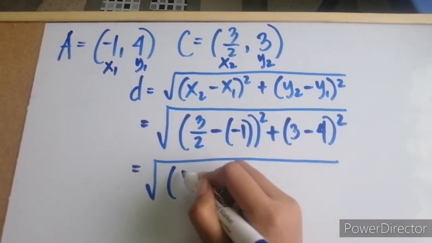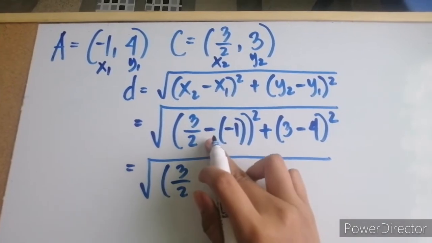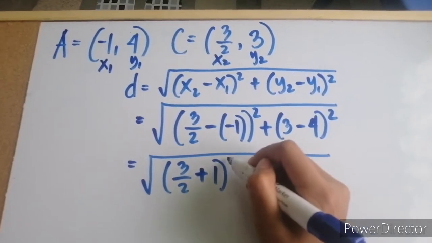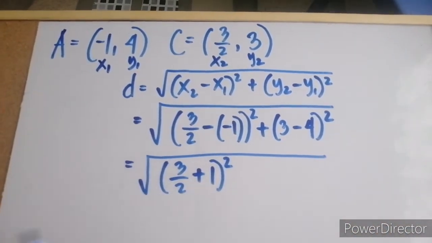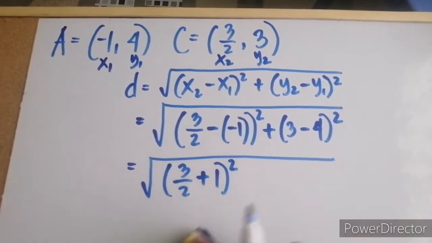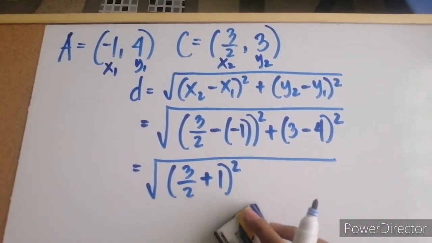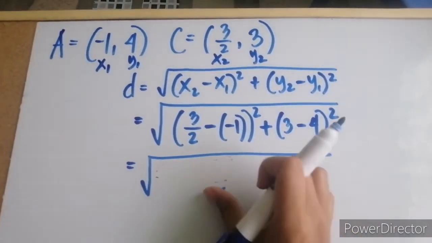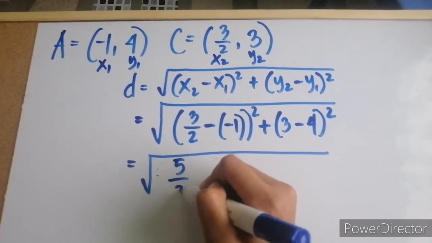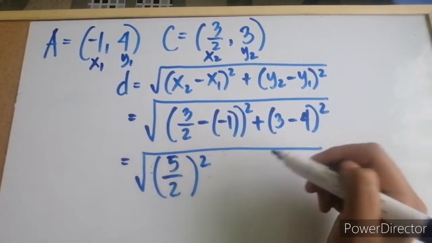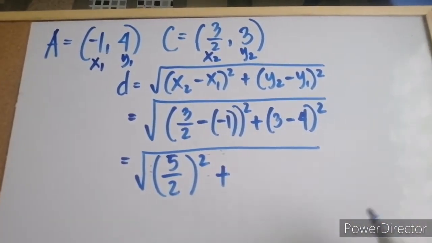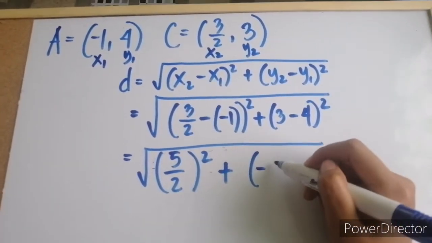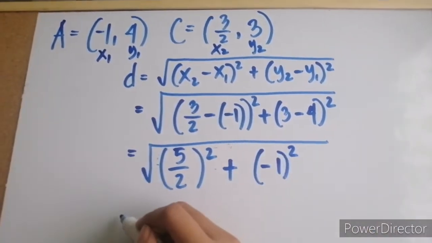This will become 3 over 2. Negative times negative 1, we will have 3 over 2 plus 1 squared. Since we must simplify it further, 3 over 2 plus 1 is equal to 5 over 2. 5 over 2 squared plus 3 minus 4, that is negative 1 squared.